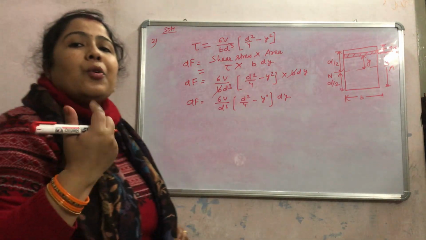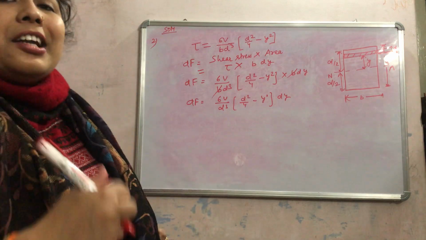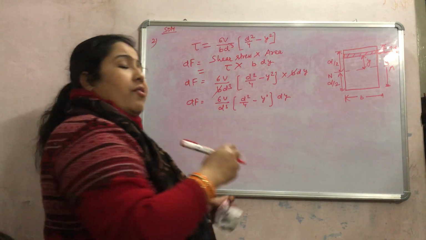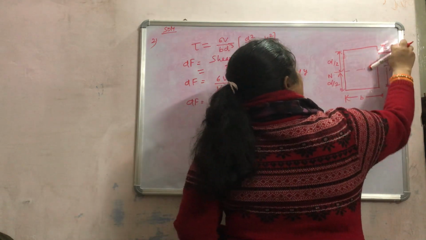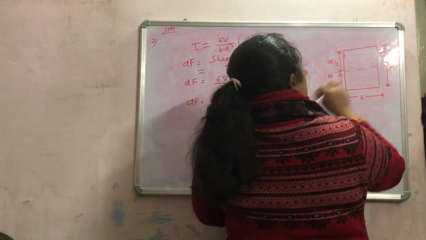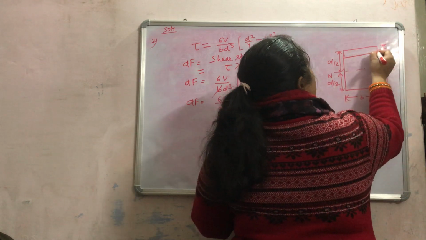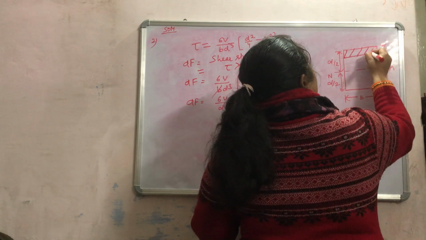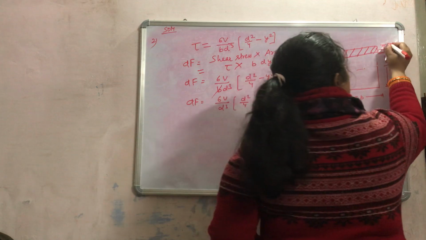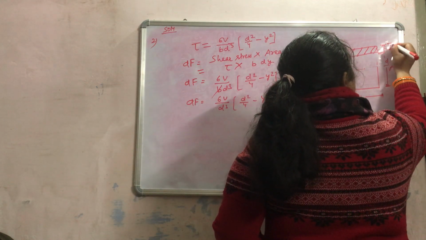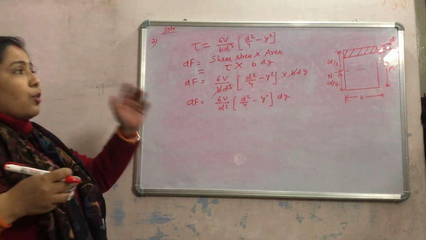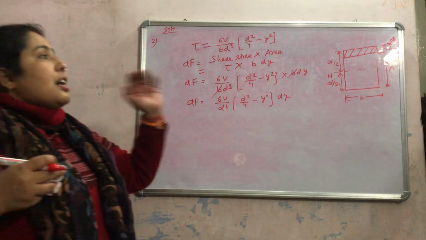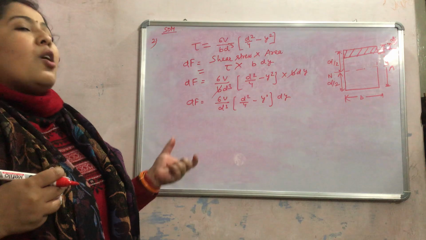Now we calculate the shear force carried by the upper one-third of the cross section. It means this is d by 3. So we calculate the shear force on the upper one-third of the cross section.